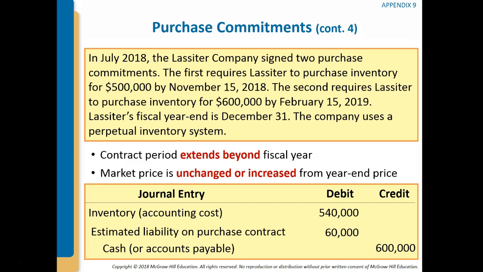Even if the market price of the inventory increases, there's no recovery of the $60,000 loss recognized in 2018. Similar to the method of recording inventory at the lower of cost or market, the reduced value of purchases is considered to be the new cost, and any recovery of value is ignored.